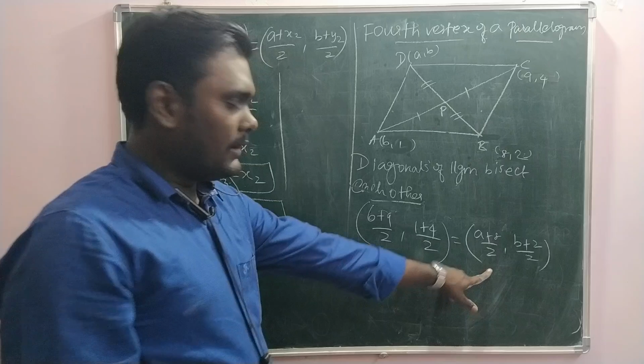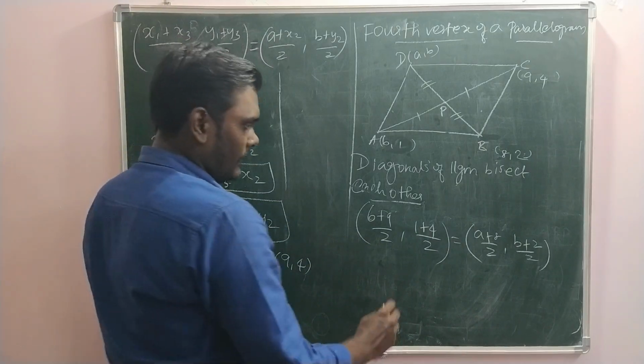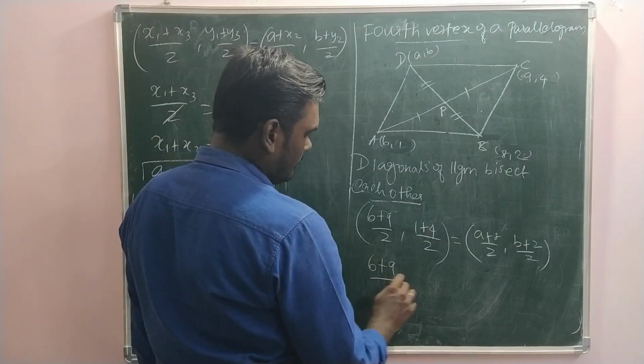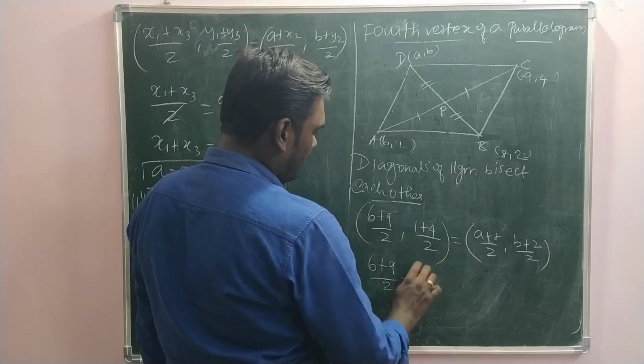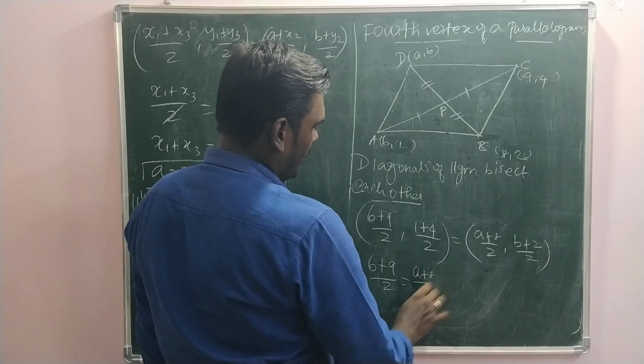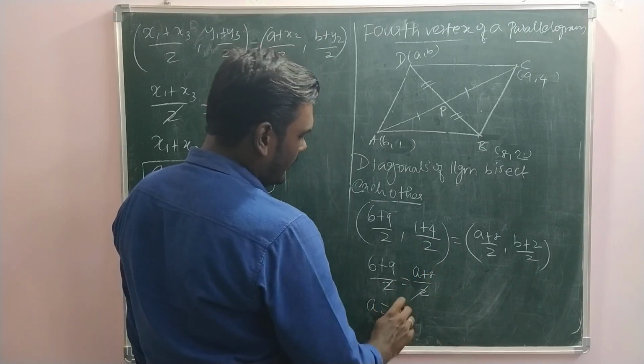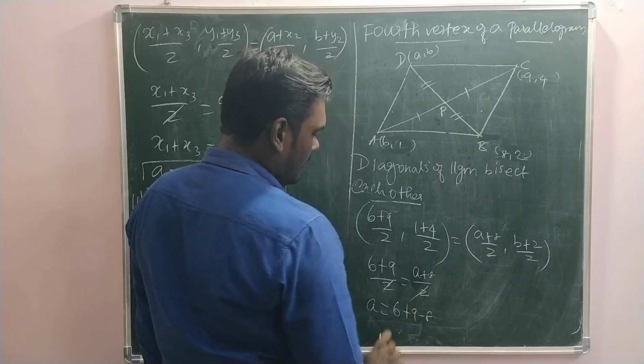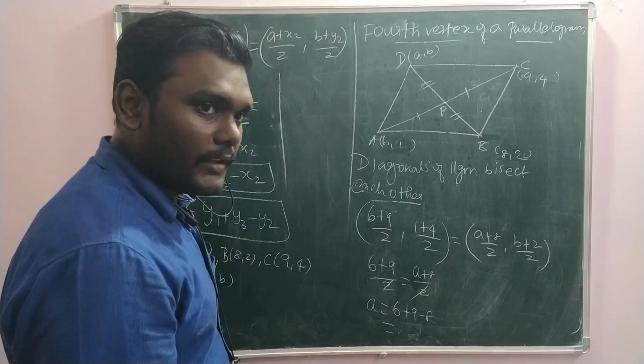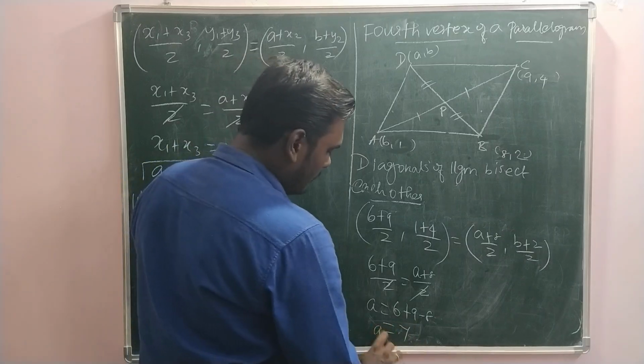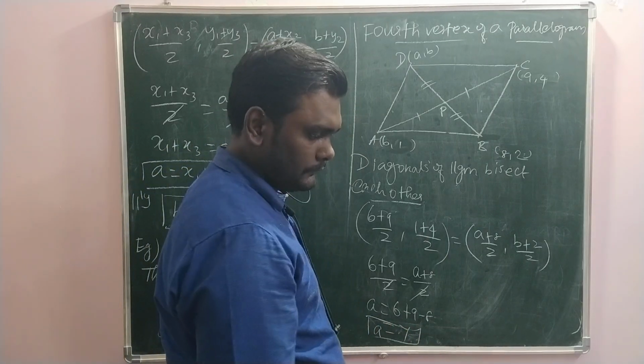Alright, and then equate them. (6 plus 9) by 2, (a plus 8) by 2. The 2 gets cancelled. We get a is equal to 6 plus 9 minus 8. 6 plus 9 is 15 minus 8. So we have a is equal to 7. Alright.